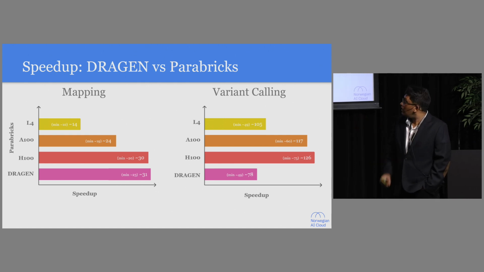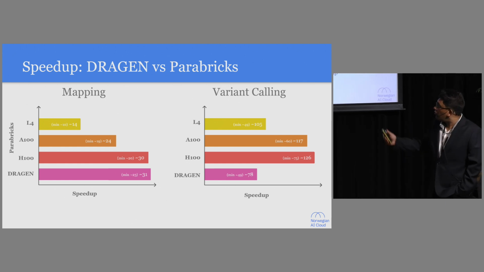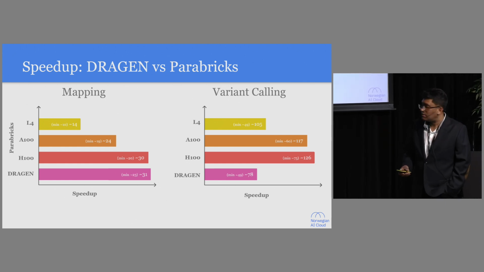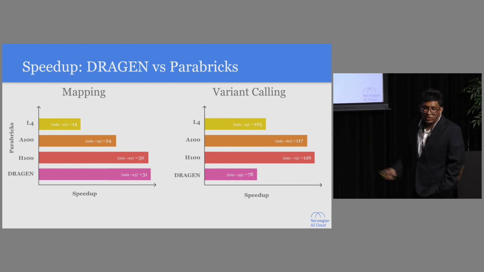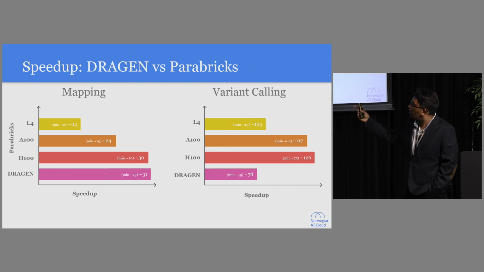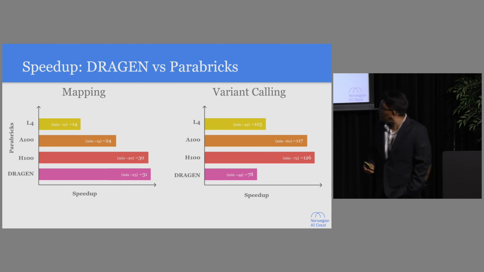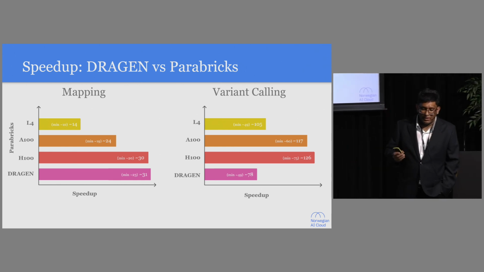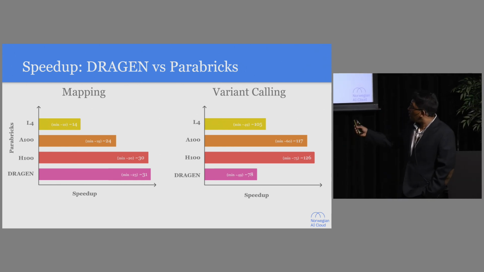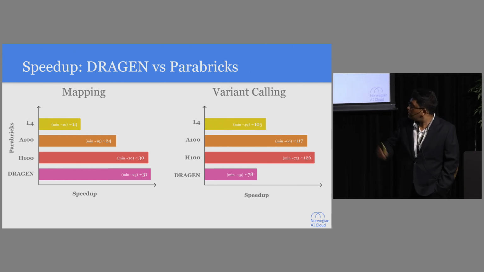As you can see, in mapping, as the performance of the GPU increases, the speedup also increases. For example, from L4 to H100, the speedup increased from 14 to 30 in mapping. Those are the highest speedups observed for the test data set. DRAGEN and Parabricks on H100 mapping showed similar speedups.